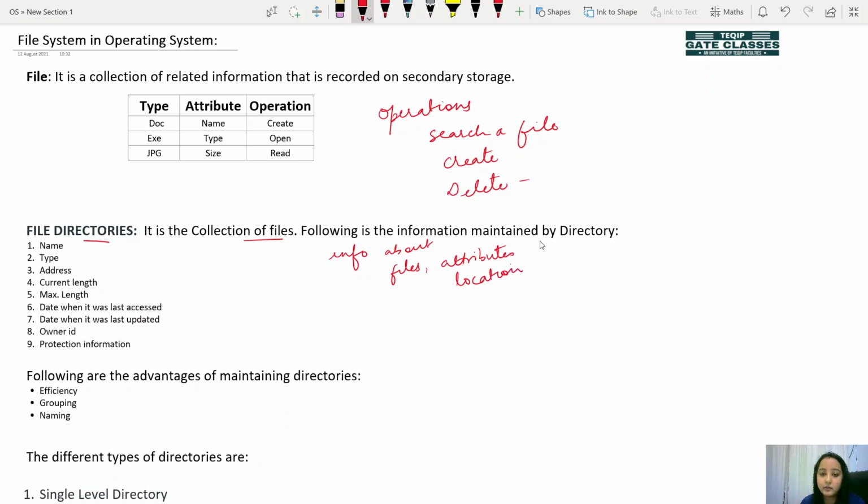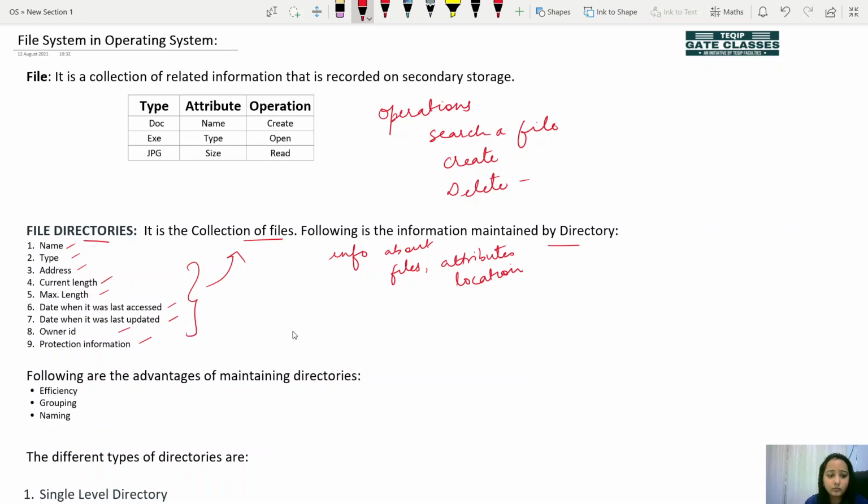The following is the information maintained by the directory: name, type of the file, address, current length, maximum length, date when it was last accessed, date when it was last updated, owner ID, protection information. Everything is there in the file directory, right?